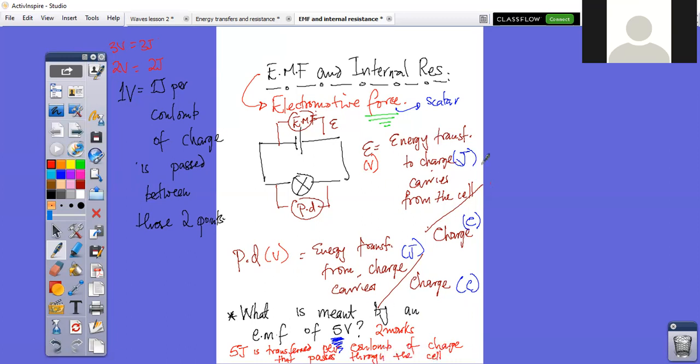Now I've used the definition. So 5 joules is transferred per coulomb of charge that passes through the cell. That is what an EMF of 5 volts means.